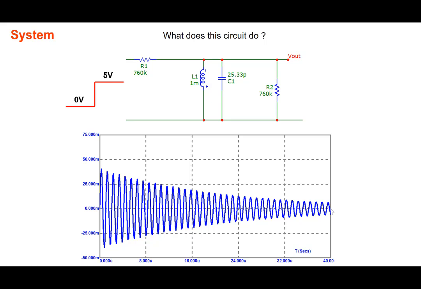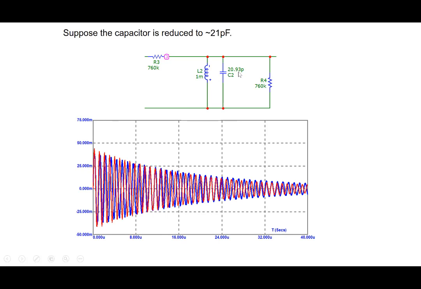So what we can say is that when you apply a step, the circuit breaks into some kind of oscillation, and the oscillations die down. Now if we ask the question, suppose we change C1, what happens here? Suppose we change C1 to 21 picofarad instead of 20.93 picofarad. Then we look at the response and compare the two responses.